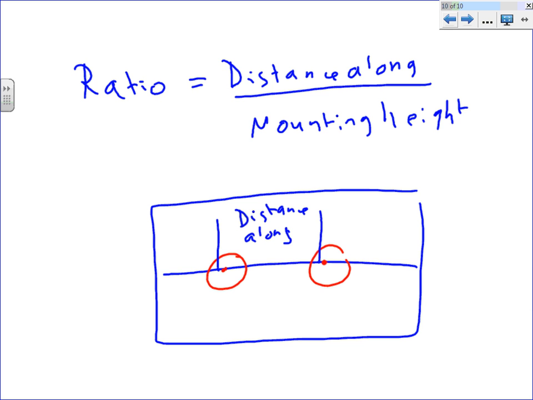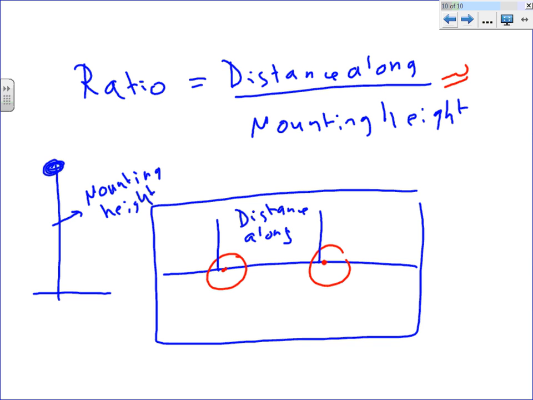If my fixture is sitting right in here, this is the mounting height. So the ratio is how far you put them from each other to how high the pole is. Don't quote me on this one, but you usually want this ratio to be 2.